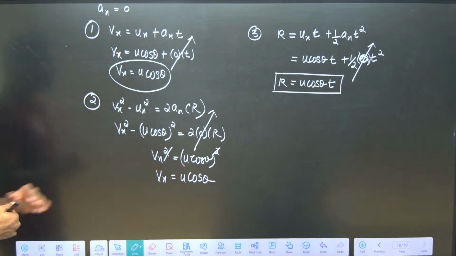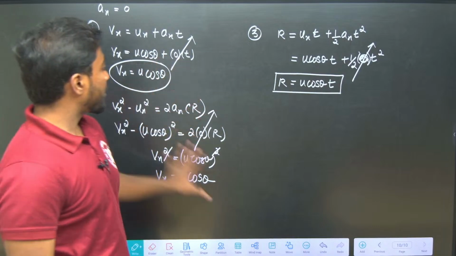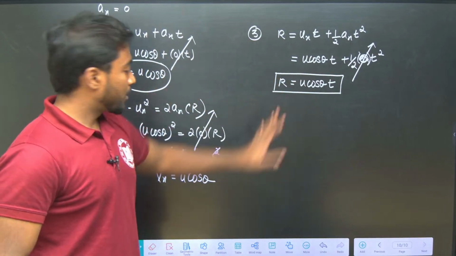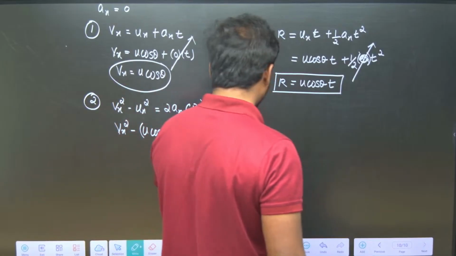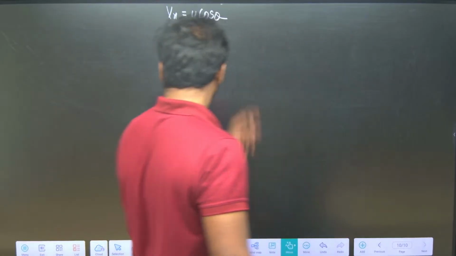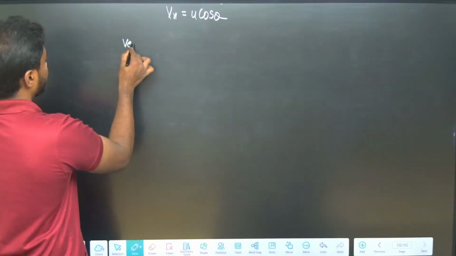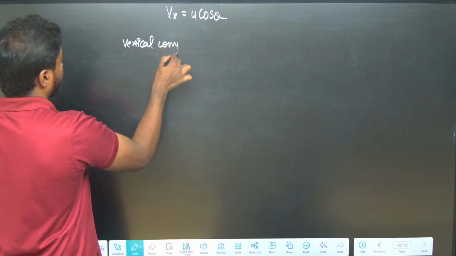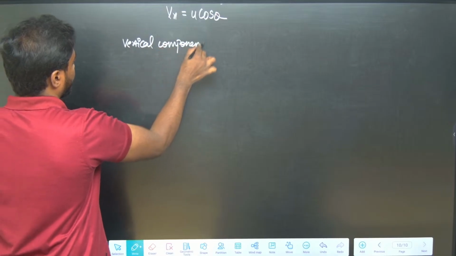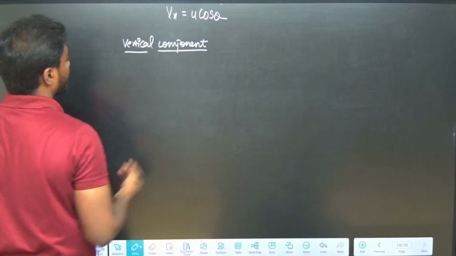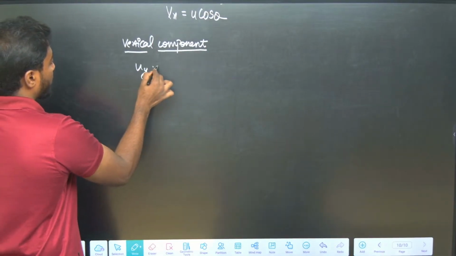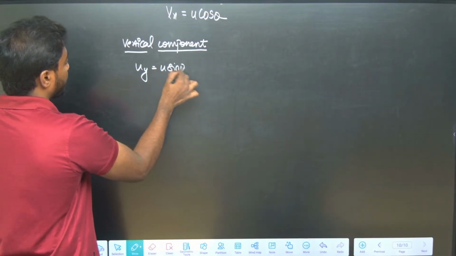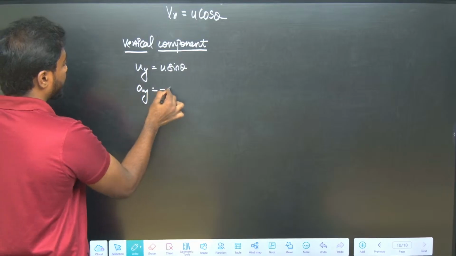Now can we find the vertical components? These are the horizontal components, we got it. Now we will go to the vertical component. Uy will be equal to u sin theta, ay will be equal to minus g.